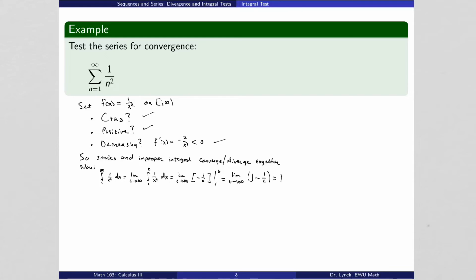We know how to find the antiderivative here. We know how to use the fundamental theorem of calculus. And we know how to take the limit as n goes to infinity. We get 1, so we know that this integral converges. So here's the punchline. By the integral test, the sum from 1 to infinity of 1 over n squared also converges.